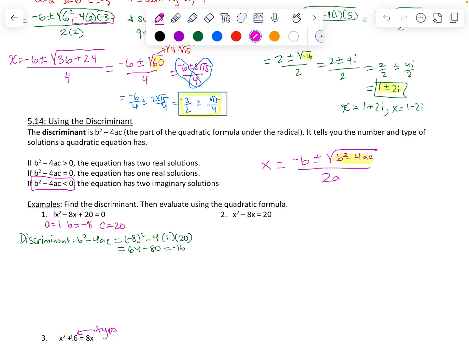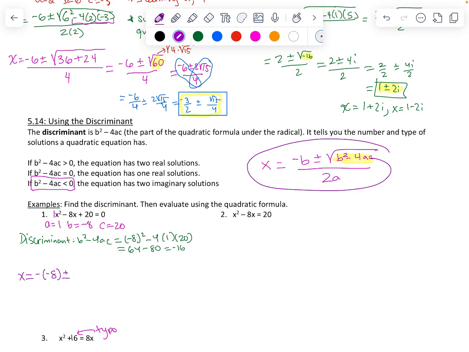So the next thing we're going to do is use the quadratic formula. And I'd actually like you to pause and do the quadratic formula yourself, please. So when we do the quadratic formula, we do x equals negative b, which is negative 8. So that 8 will become positive.